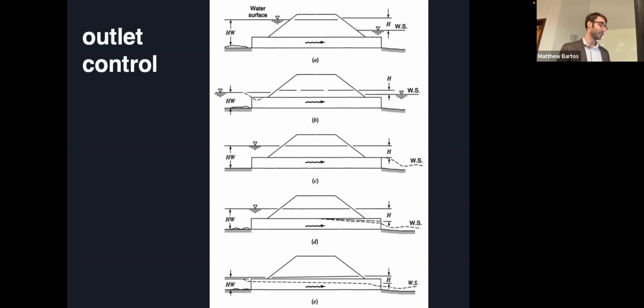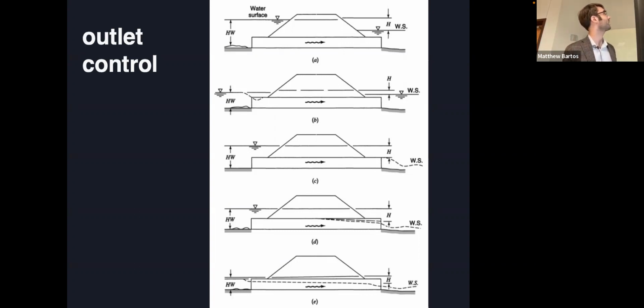D, this is probably the most typical design condition. You have that the entrance is submerged, the outlet flows freely with a low tailwater, and it's subcritical throughout most of the barrel. Okay. And E, you have that neither side is submerged, but you have subcritical flow throughout most of the barrel. So that's also another common design condition.